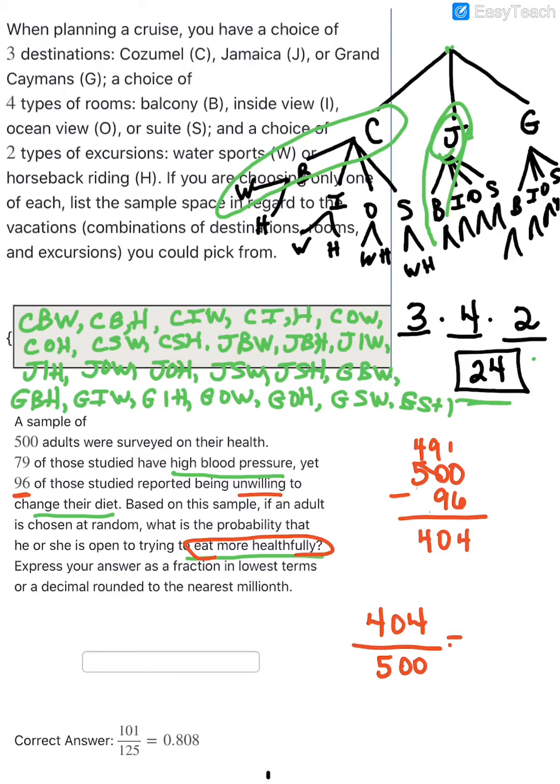And because they want the answer in lowest reduced form, notice both of these numbers you can divide by 4. So I end up with 101 divided by 125. And so you can either write your answer as the fraction, or it said if you're going to do a decimal, make sure you go to the nearest millionth.